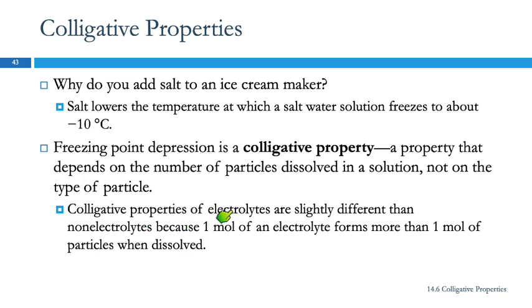Colligative properties of electrolytes, like sodium chloride and other ionic compounds, are going to be a little different, because if you take 1 mole of an electrolyte, it's going to make more than 1 mole of ions, right?